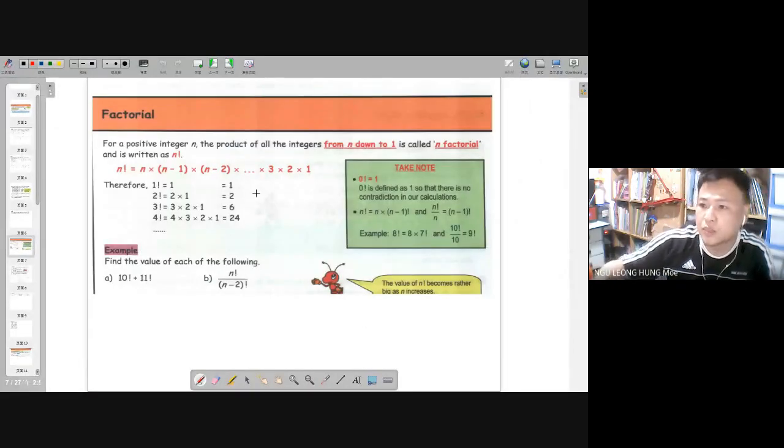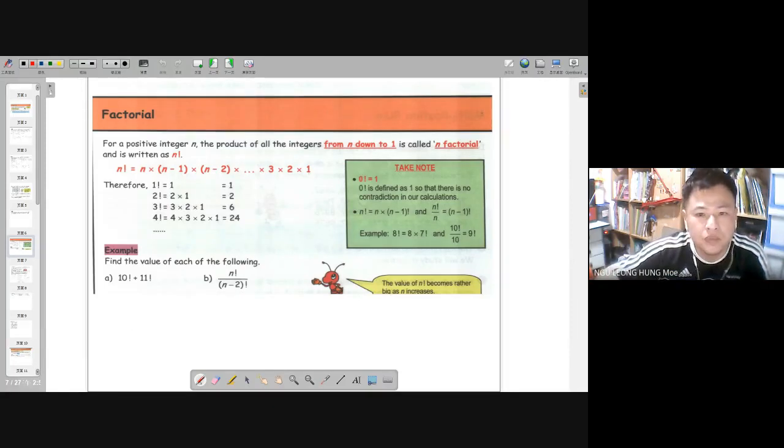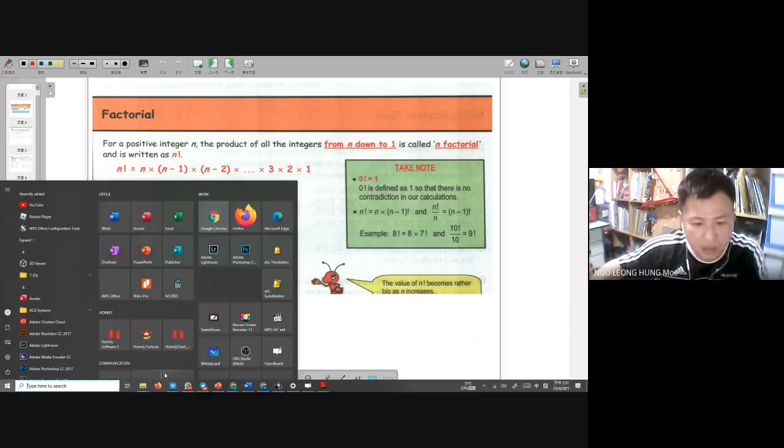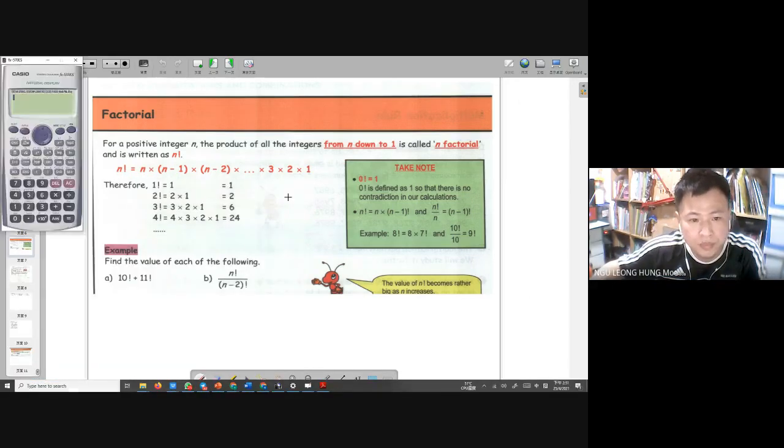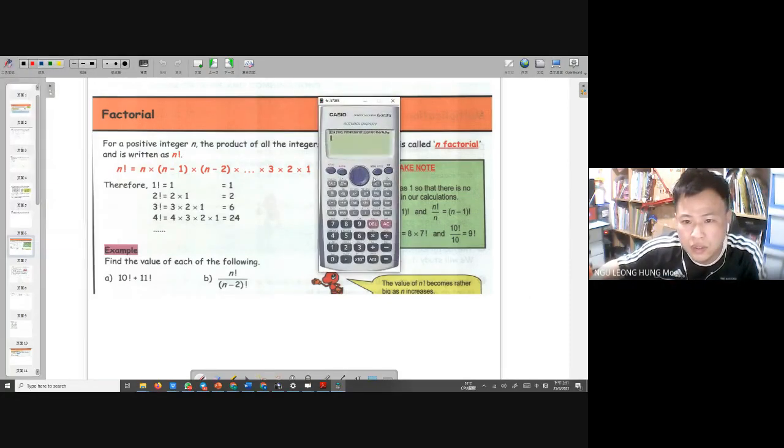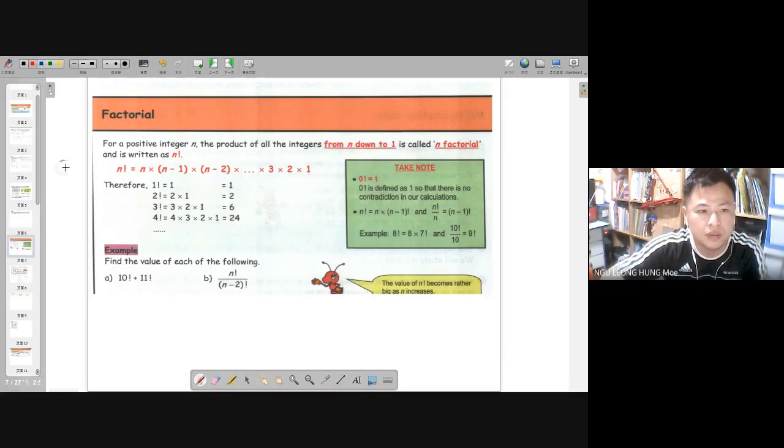Okay. Then I explain a bit about factorial. When you look at your calculator, I show you. If you have this sign, the meaning is factorial.